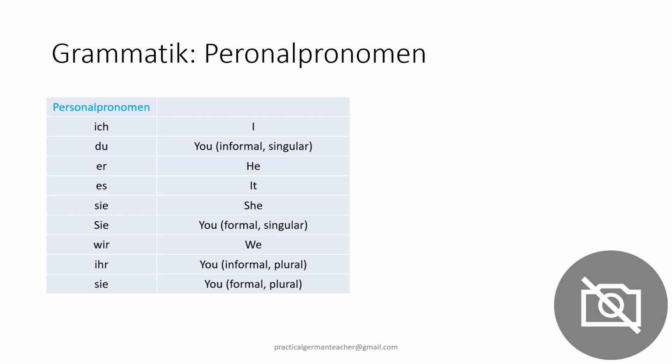On this slide, you are looking at all the German personal pronomen or personal pronouns, or in German you call them Personalpronomen. Please pause if you want to have a look.